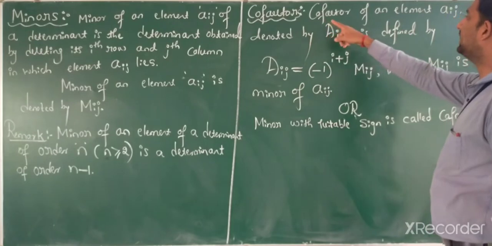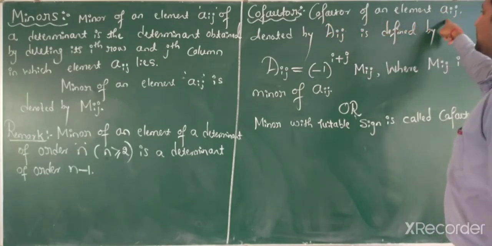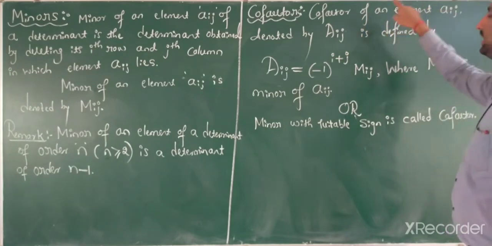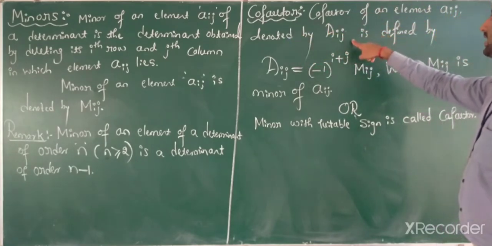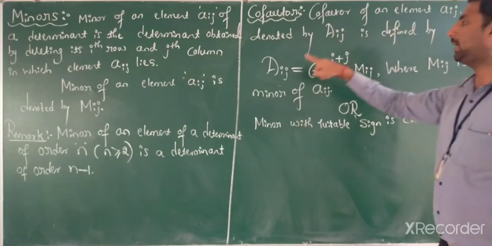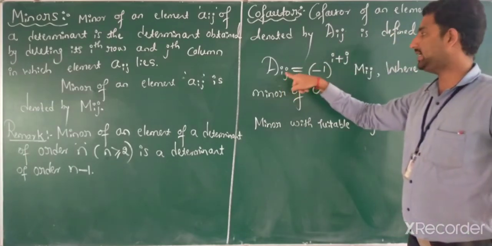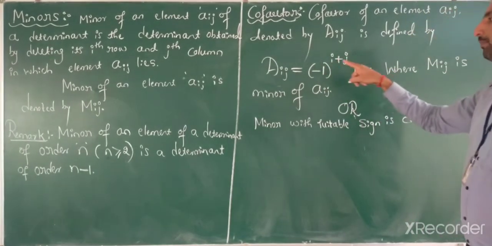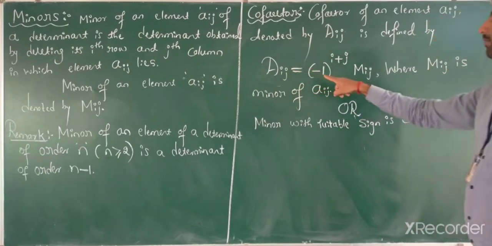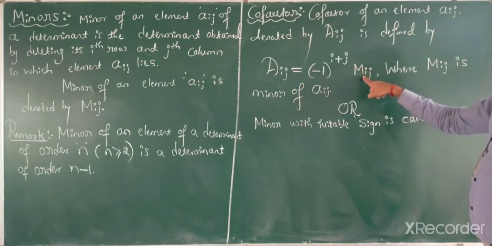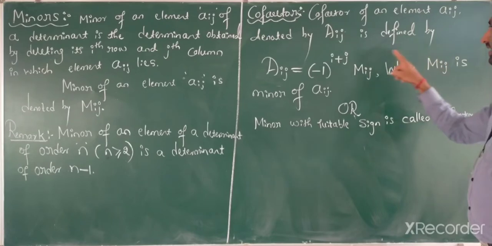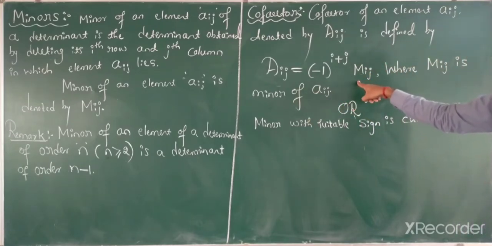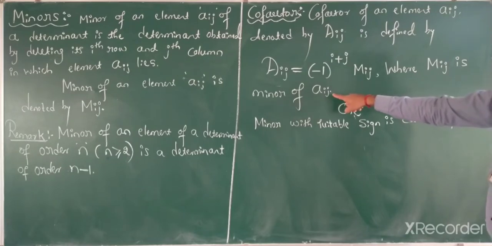After that, the cofactor of an element aij, denoted by capital Aij, is defined by capital Aij equal to minus 1 to the power i plus j into Mij, where Mij is the minor of the element small aij.